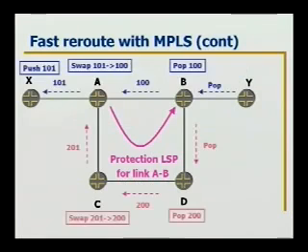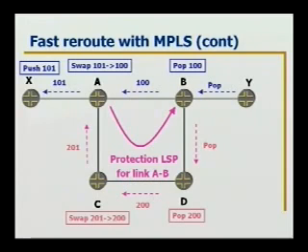So let's see what the label distribution looks like. We have the blue LSP, the upper LSP, which is the original LSP that traverses the link. Label distribution happens as follows. From the tail end, Y is advertising a POP label to B. B is advertising label 100 and installing forwarding state of POP 100.